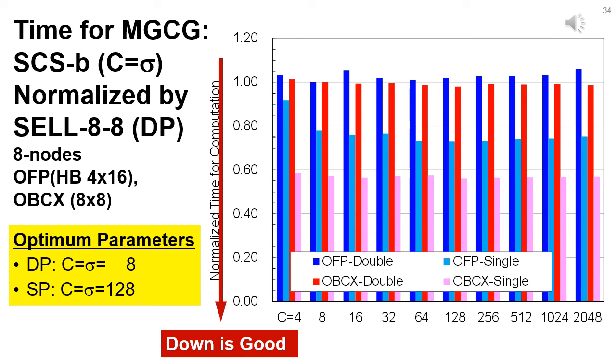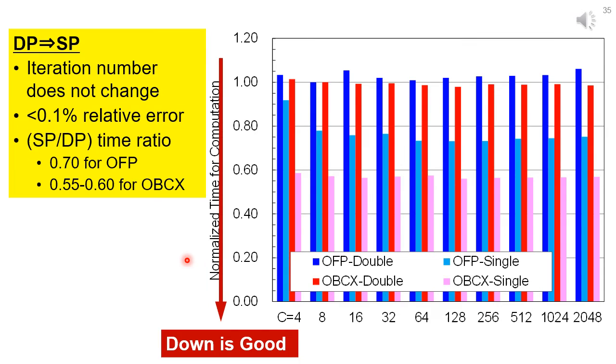Generally, effects of different values of C and sigma are small in all cases, while C equals sigma equals 8 for double precision, and C equals sigma equals 128 for single precision, are the optimum choices. Number of iterations until convergence is the same for both double precision, FP64, and single precision, FP32.